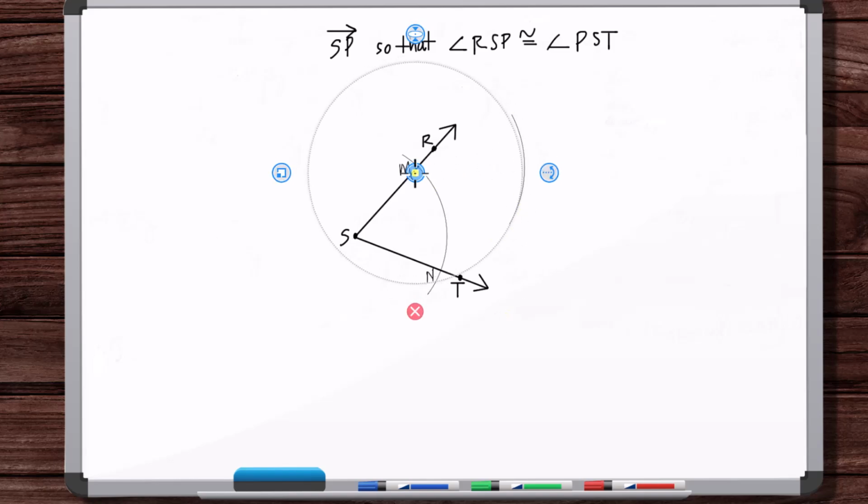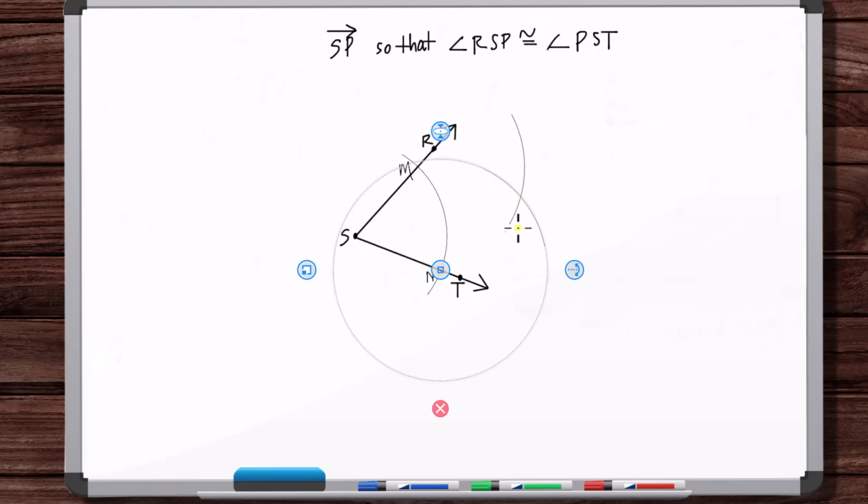Then, without changing the radius, we put the center over here and draw another arc that intersects that first arc. And then we connect the vertex S to that intersection point with a ray going through that point.